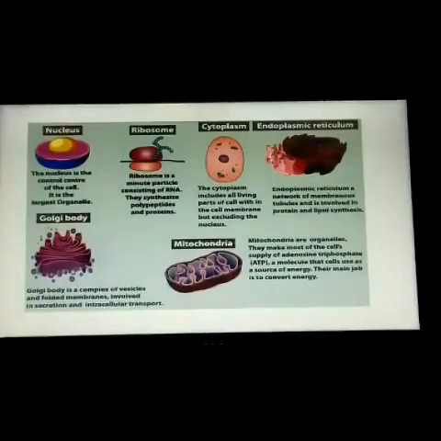So these are all the cell organelles which are present in an animal cell: nucleus, ribosome, cytoplasm, endoplasmic reticulum, Golgi body and mitochondria.